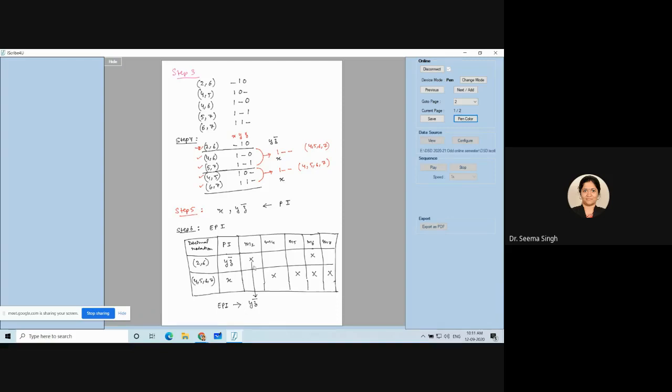So for this 2, this YZ bar becomes important. And X becomes important for what? M4, M5 and M6. All this gives rise to X. So X becomes an essential prime implicant again. This also becomes an essential prime implicant.